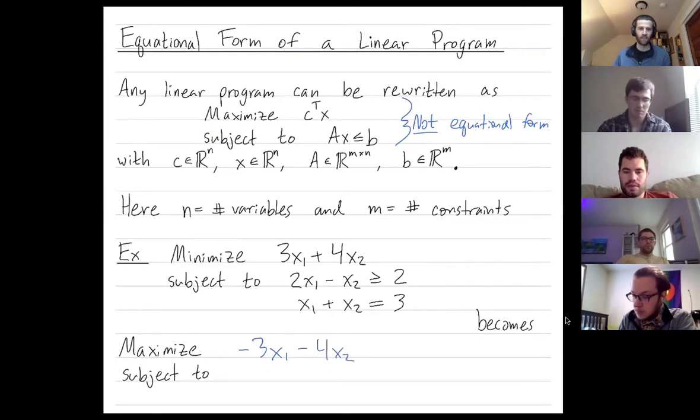Because making 3x1 plus 4x2 as small as possible is exactly the same as making -3x1 minus 4x2 as large as possible. Okay, now let's turn our constraints into the proper form where they're all less than or equal to constraints. So this first greater than or equal to constraint, I just multiply by -1 to get a less than or equal to constraint. And the inequality flips sides.